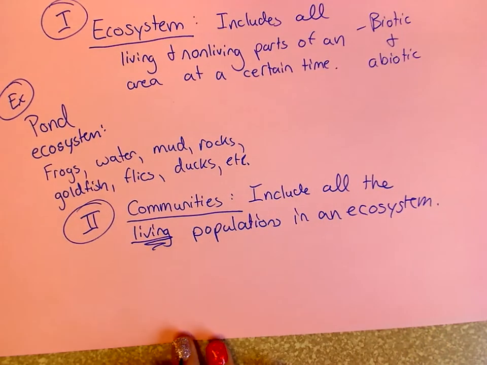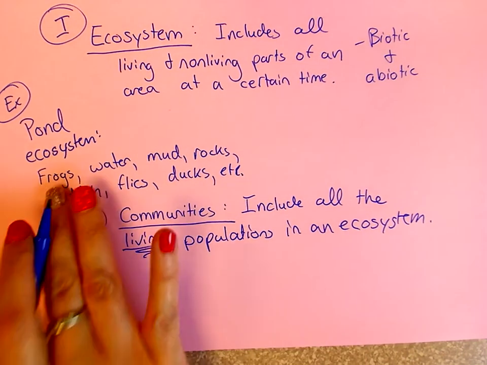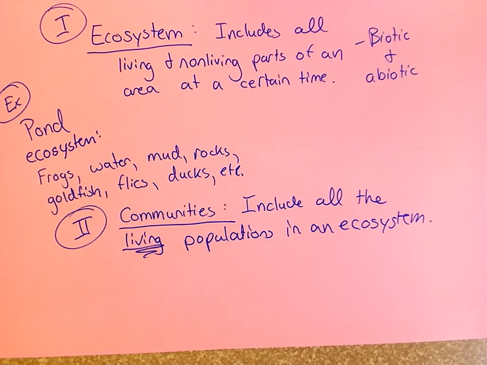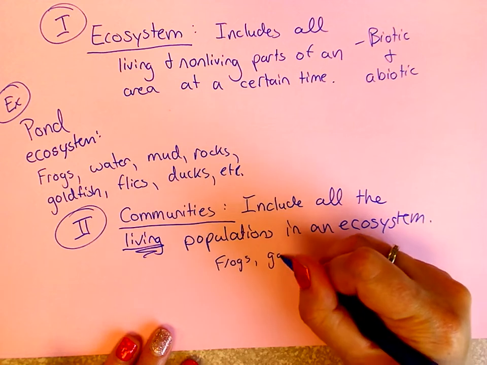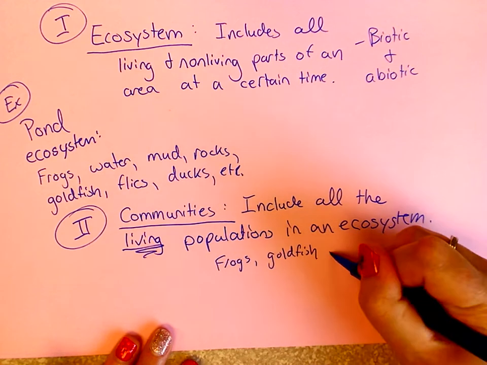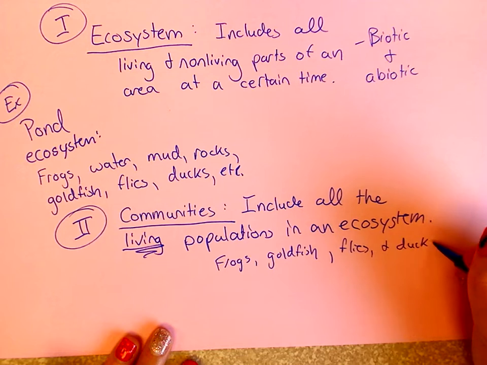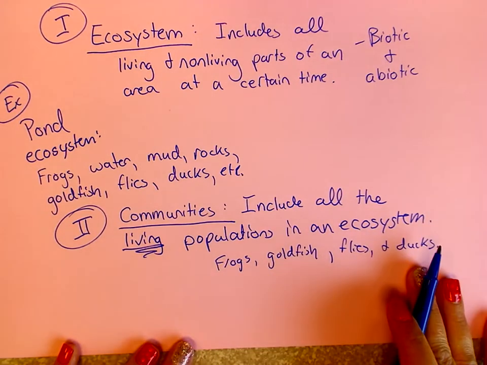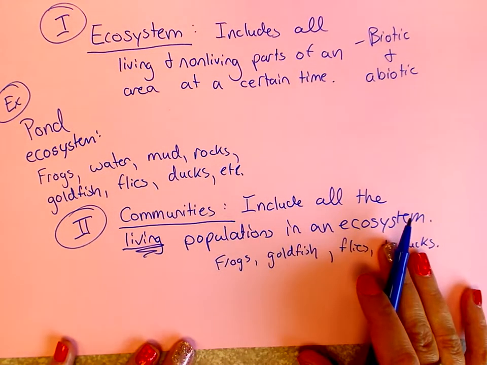So if I'm looking at communities within an ecosystem, and we'll use our pond ecosystem as my example, my community would include the frogs, the goldfish, the flies, and the ducks. So that would be my living community. My ecological community would include all the living things.